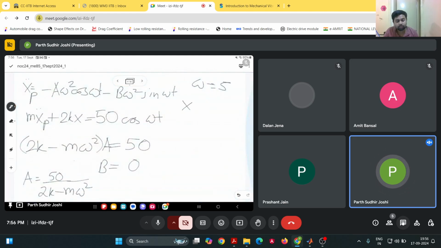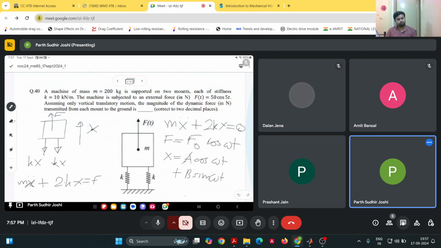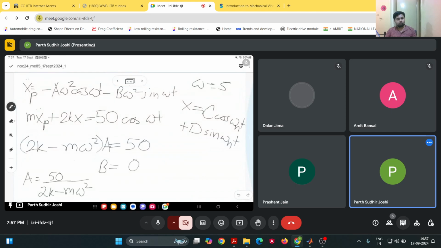The solution for free vibration will be, let us say, C cos omega n t plus D sin omega n t. Let us call that xh. The coefficients C and D will depend on the initial conditions, depending on what the initial displacement x0 and the initial velocity x dot 0 are.